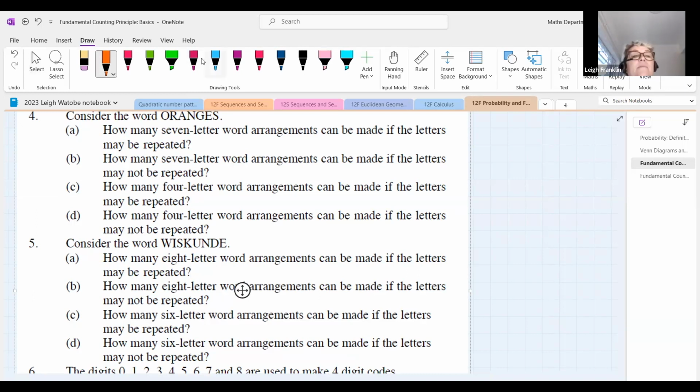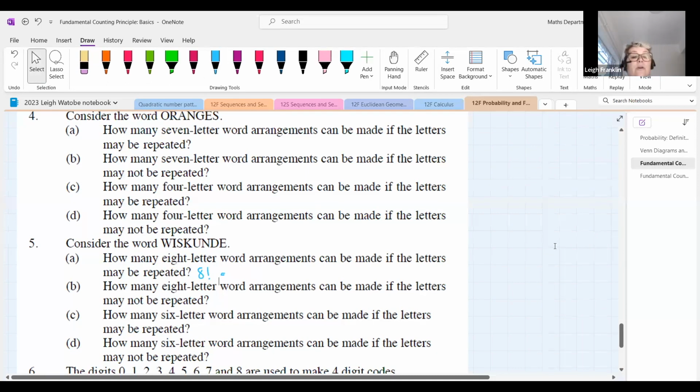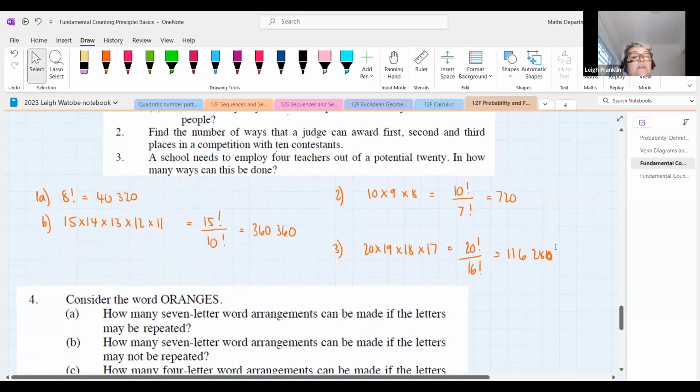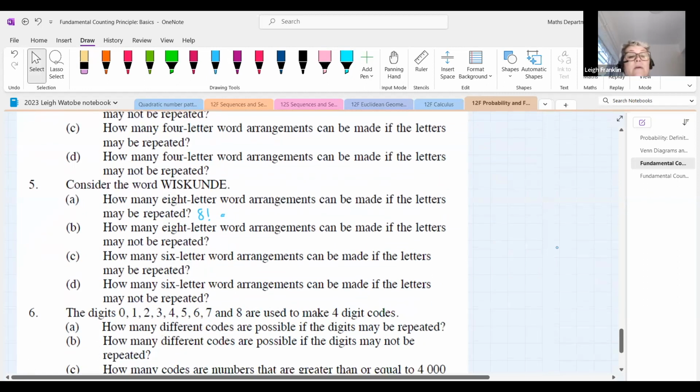What would we say? There are 1, 2, 3, 4, 5, 6, 7, 8 letters in this word. Good. And Nhlanhla. So there would be 8 factorial ways in which this word can be arranged. So that's 4320.